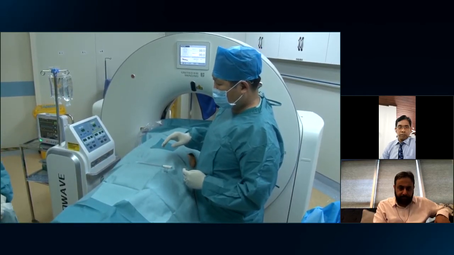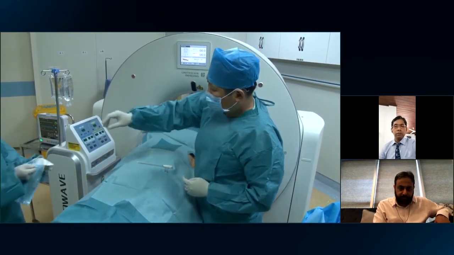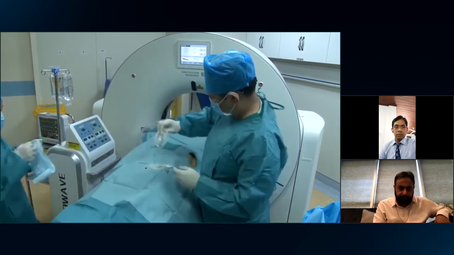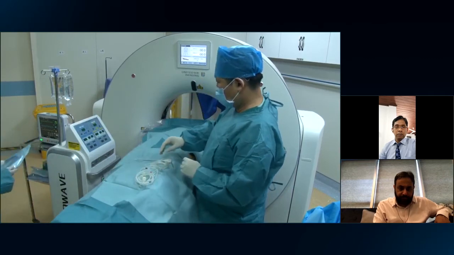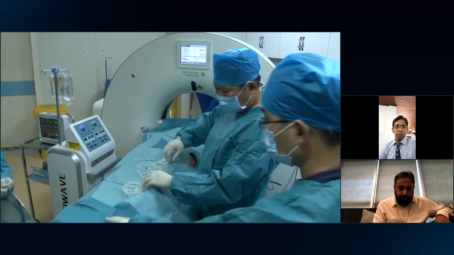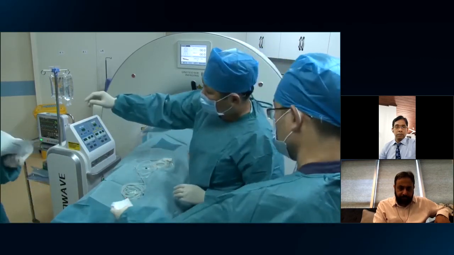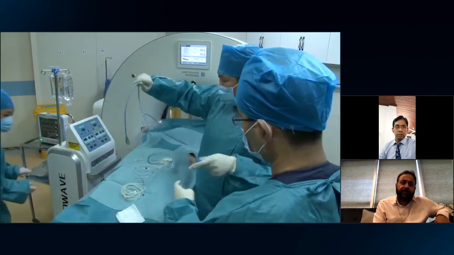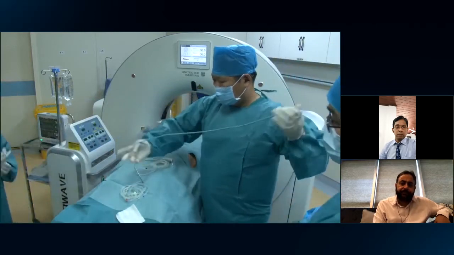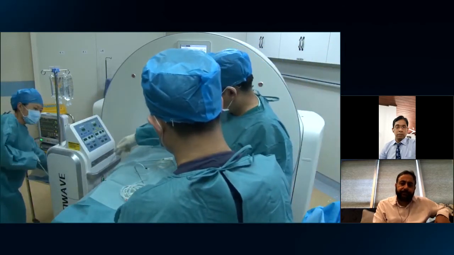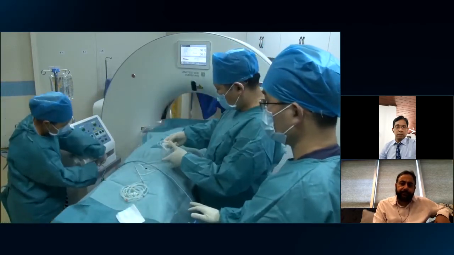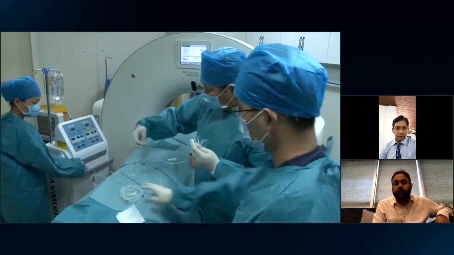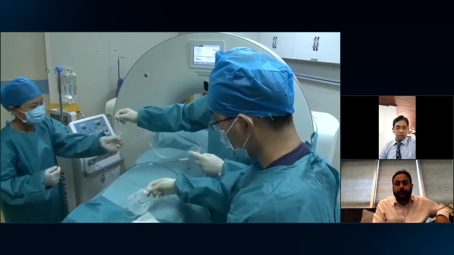So he is preparing to insert the microwave antenna to the thorax cavity. What gauge size is this one? It looks like 18.